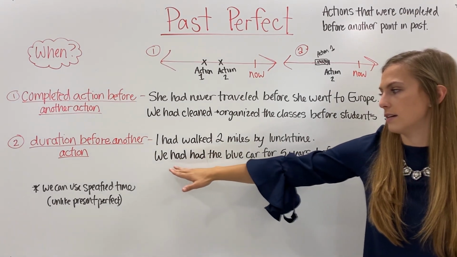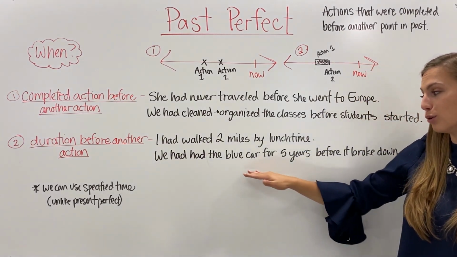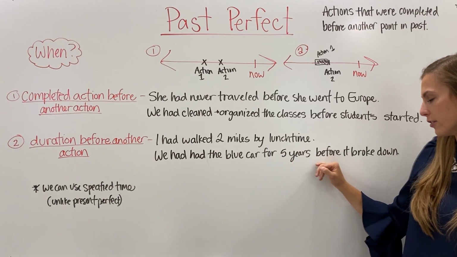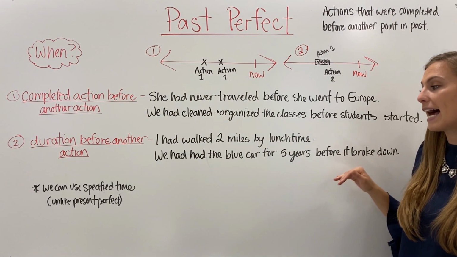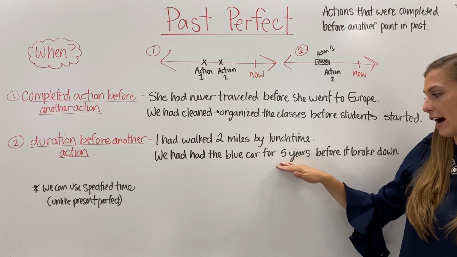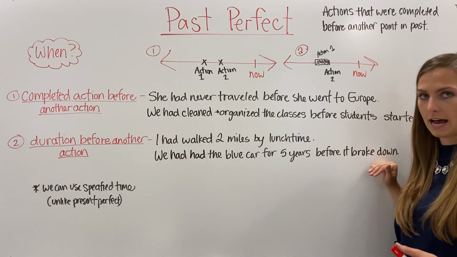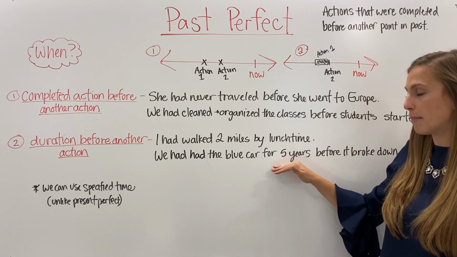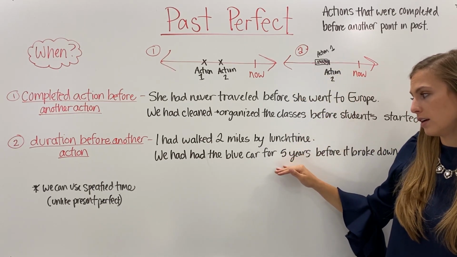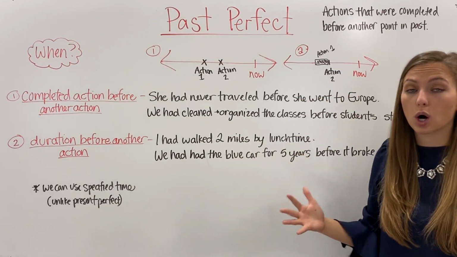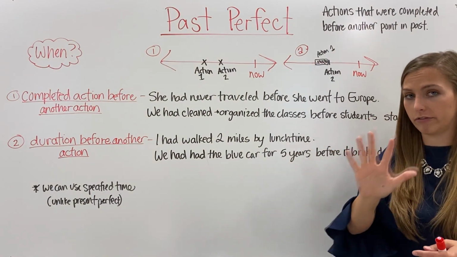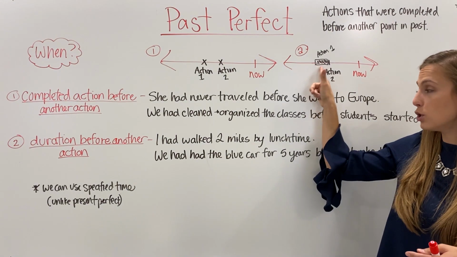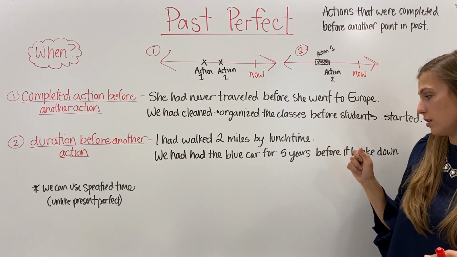The second example: we had the blue car for 5 years before it broke down. Okay? So this is a good example of a continued action. We had a blue car for 5 years, right? Me and my husband had a blue car for 5 years. That was a continued action for 5 years.